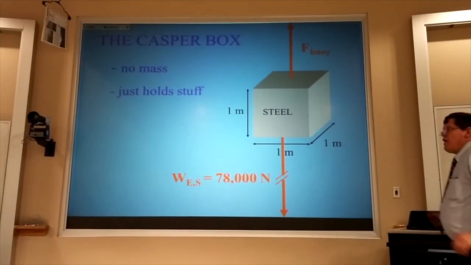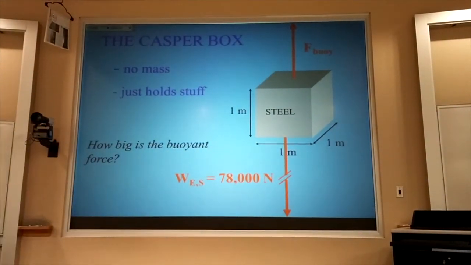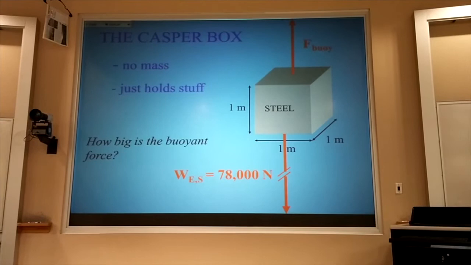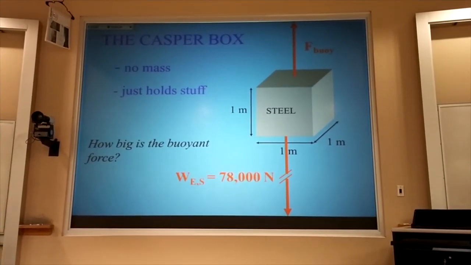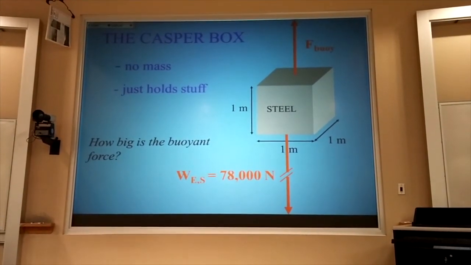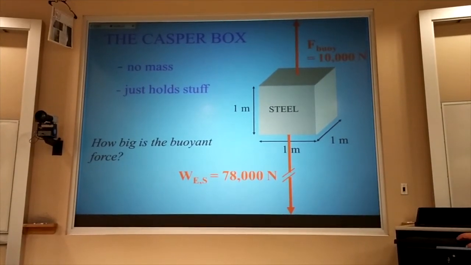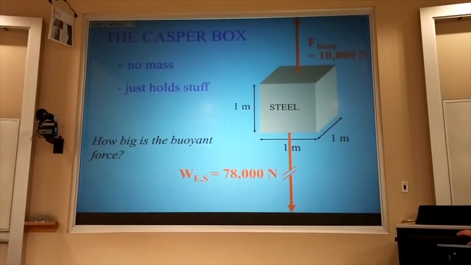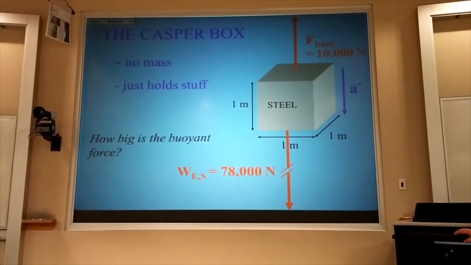However, the buoyant force is caused by all the water surrounding the box. It doesn't care what's in the box. The water surrounding the box pushes the same regardless of what you put inside the box. And so that means the buoyant force is still going to be 10,000 newtons. And this box of steel is going to accelerate down to the bottom of the lake. Okay?